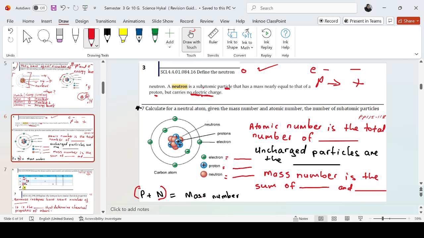Atomic number is the total number of protons. Uncharged particles are there. So which one of the 3, electron, proton, or neutron, is uncharged? Obviously it is the neutron.